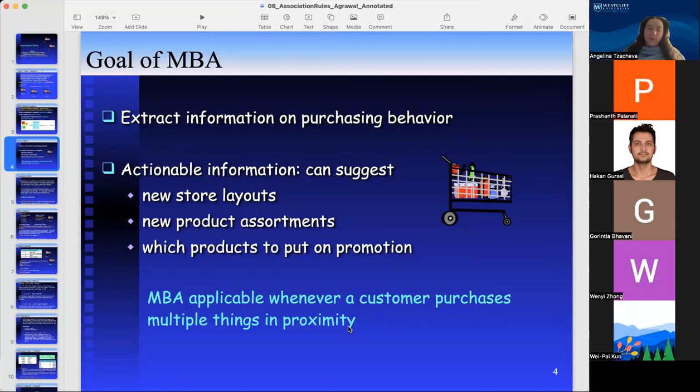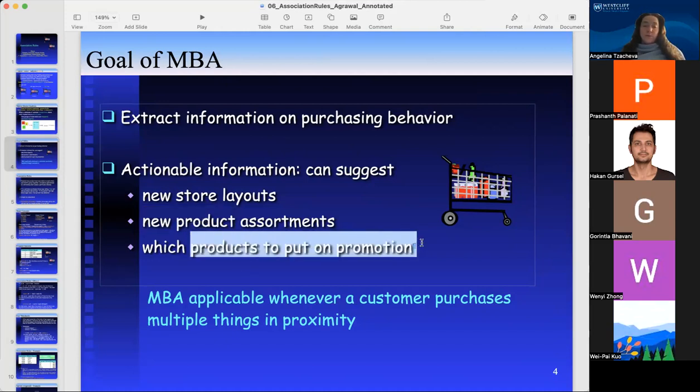So we could rearrange the store layout. We could know where to put the new products that are coming for our business. And we could know which products to give as a promotion to those customers, because we know if people are buying pizza, they buy Coca-Cola. Let's say Coca-Cola is a new product.